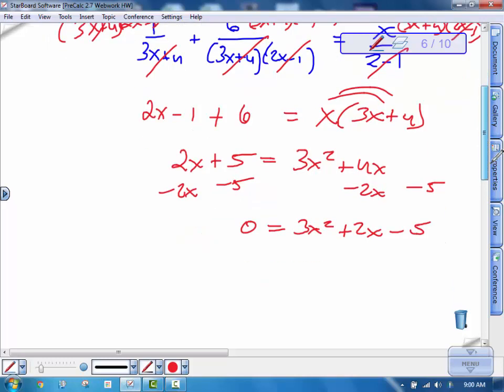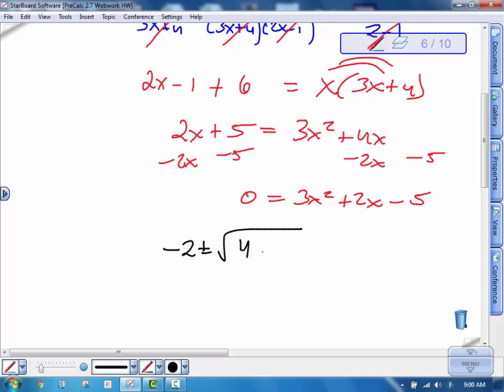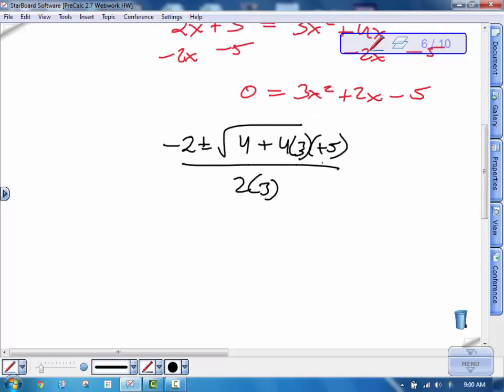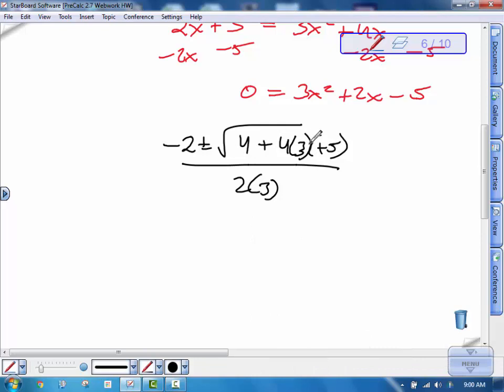And I don't think that factors, so I'll just use the quadratic formula real quick. Opposite of b plus or minus the square root of b squared minus 4ac all over 2a. Double negatives go positive. We have 12 times 5, which is 60. Square root is 64, so this would be 64.